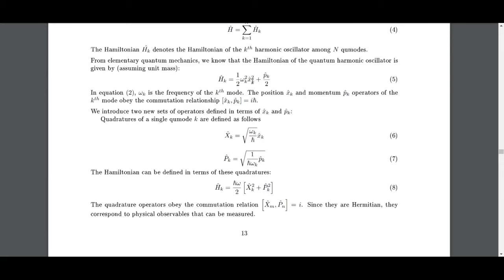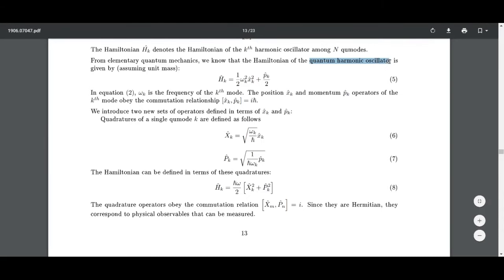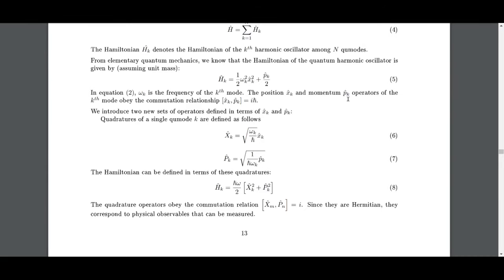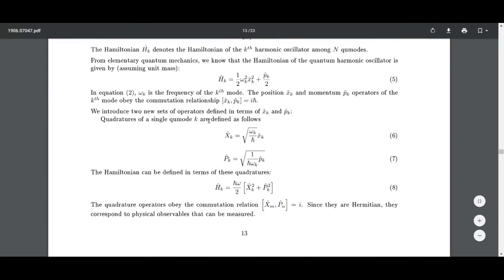Okay, quantum harmonic oscillator. This is probably what's used under the hood. So you've got the formula that defines the Hamiltonian, and then you have the position and the momentum operators, which obey the commutation relationship. We introduce two new sets of operators defined in terms of x and p.